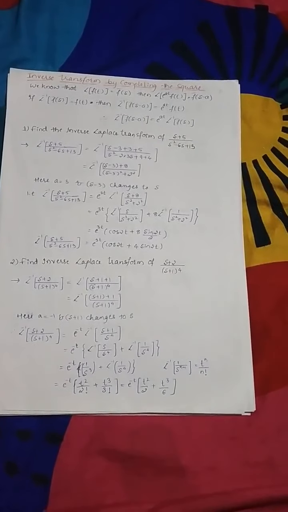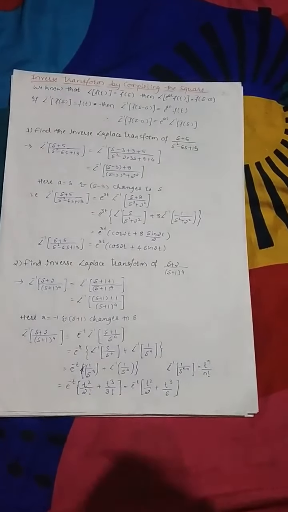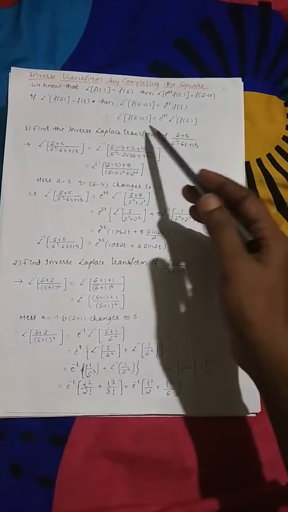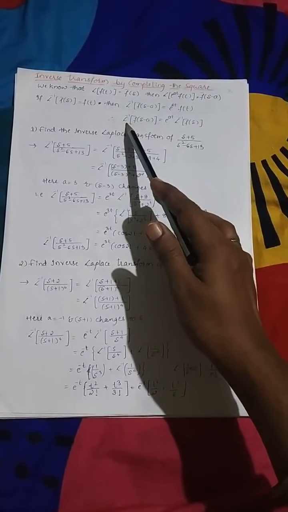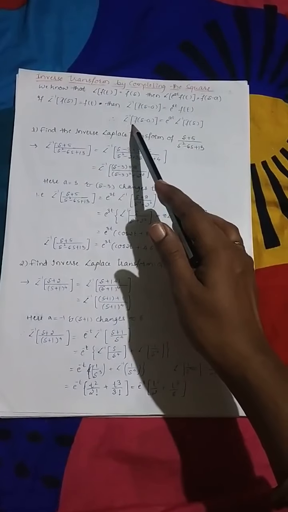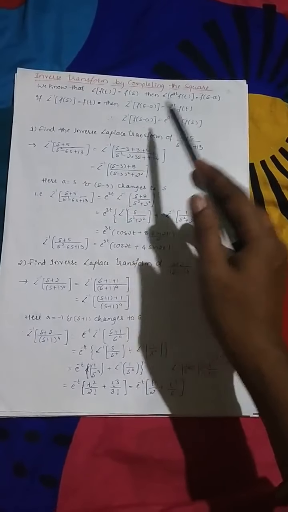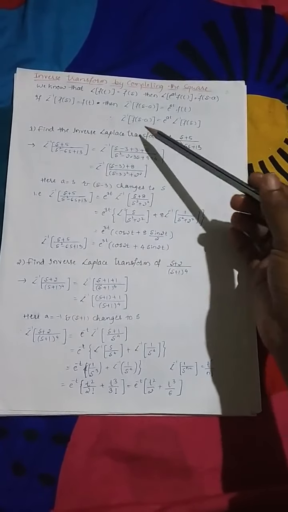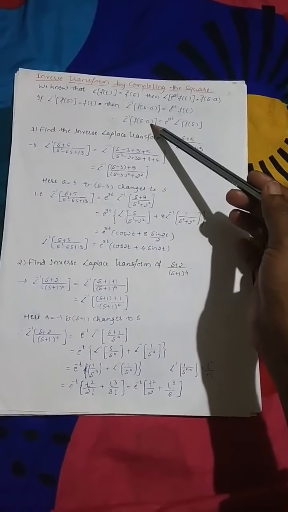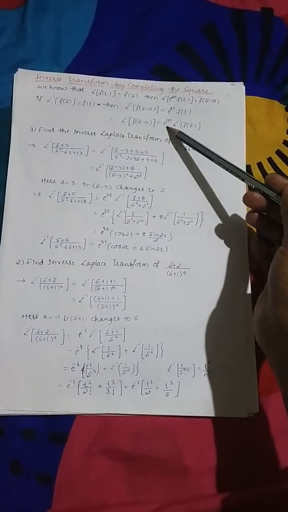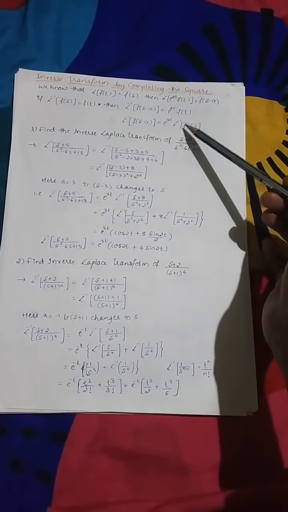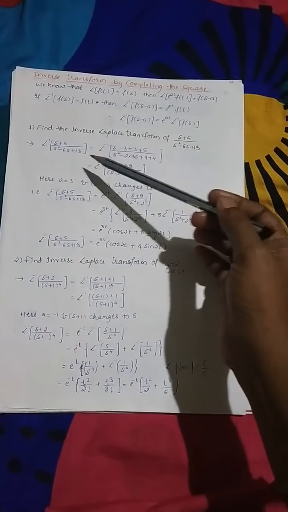Next we find the L inverse of that new function, that is L inverse of f bar of s minus a, which is nothing but e raised to at into L inverse of f bar of s.